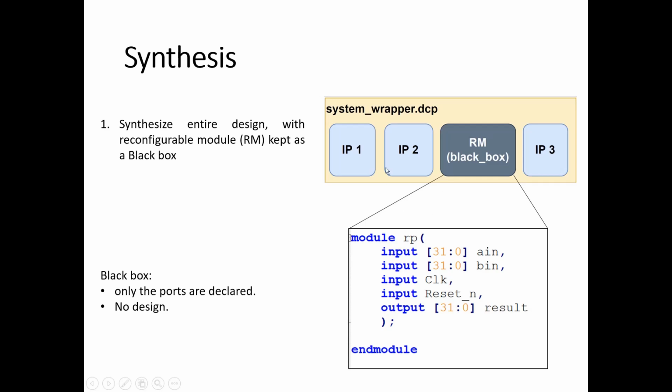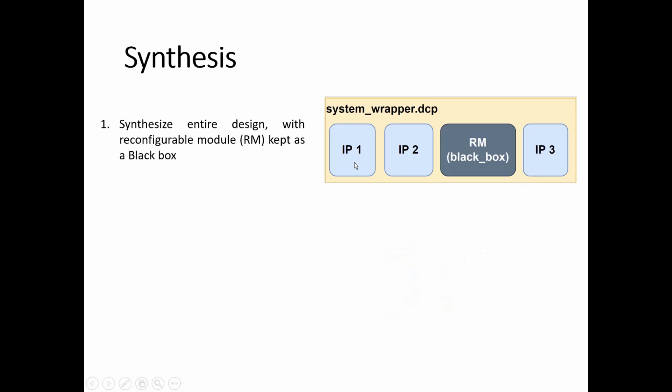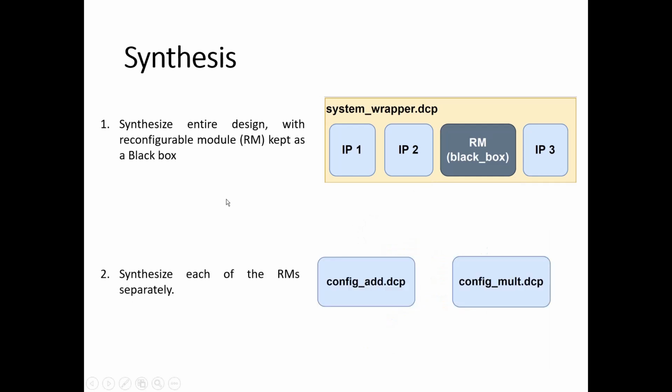So after we have this entire design synthesized, including the black box, we then synthesize each of the reconfigurable modules separately. So in our design we have these two reconfigurable modules, the addition and the multiplication. So we will first have the addition module, and then we will have the multiplication module.